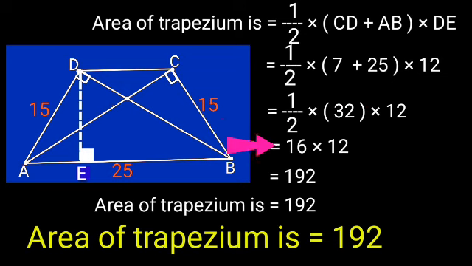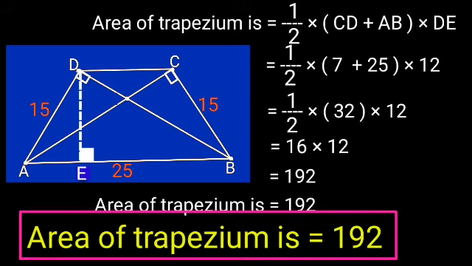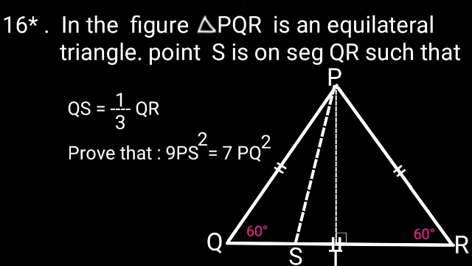Hence 16 into 12 is equal to 192. The area of trapezium is 192. Hence we have right here our answer. Area of trapezium is 192.